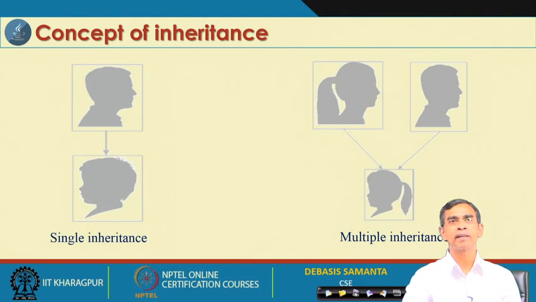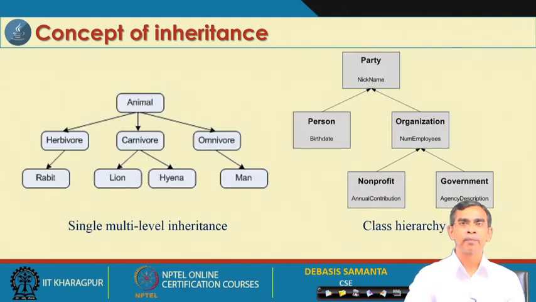Children inherit from the parent, grandchildren inherit from the children. These concepts are very common, and so far as objects are concerned, the concept is also there. For example, if we consider animal as a kind of object, then animal has different other types of objects, like herbivore and carnivore. Here animal is general, whereas herbivore is special, and lion and hyena are more special.